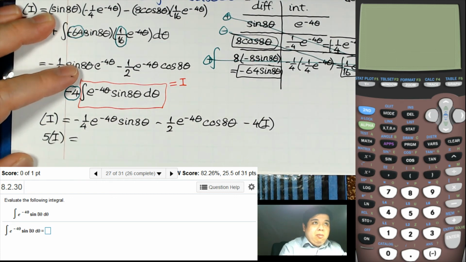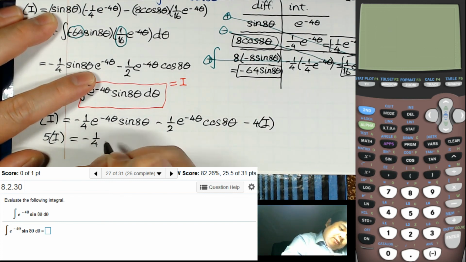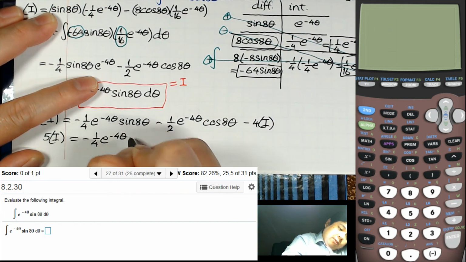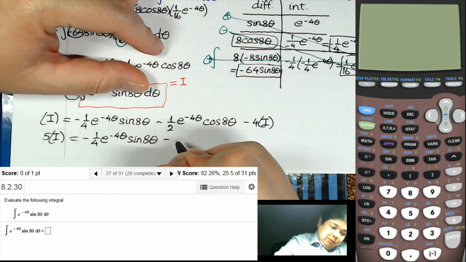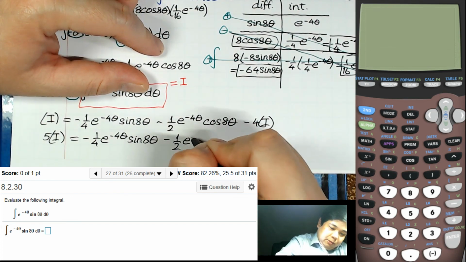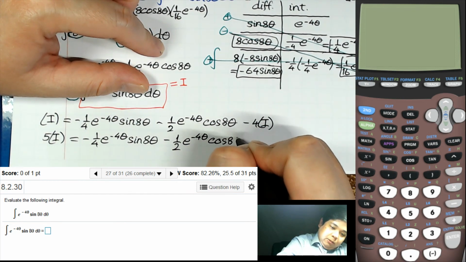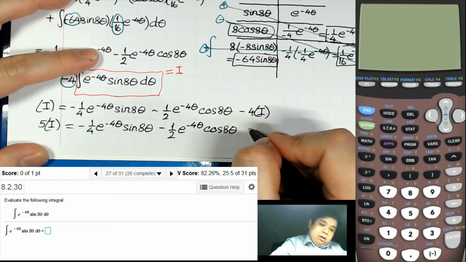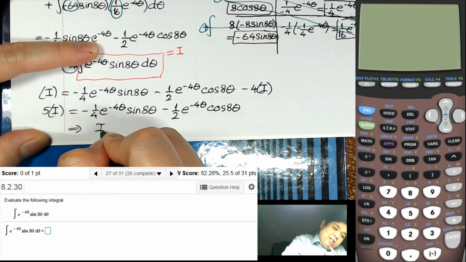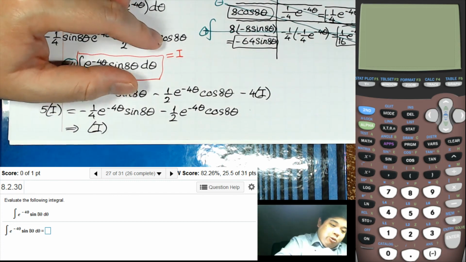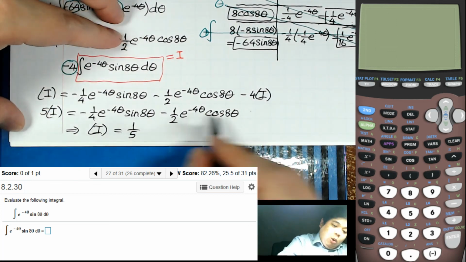I plus 4I is 5I. And then we divide by 5. So we do not find the integral directly. So divide by 5, the whole thing.